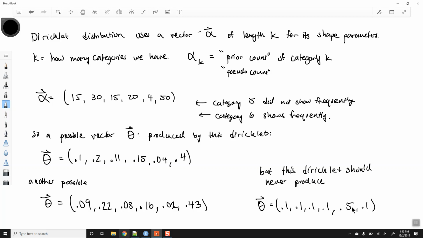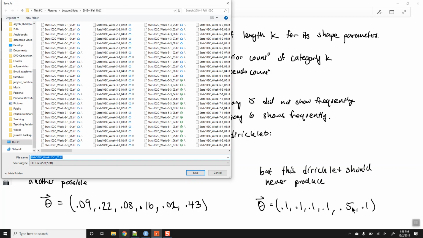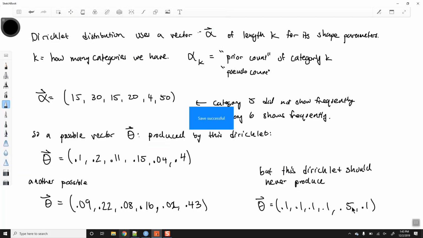Just like if the prior parameters for alpha and beta are like 80 and 20, we expect most of the p's produced will be something around 0.8, maybe 0.75, 0.82, things like that. It should never produce a p that's 0.2 or something like that.